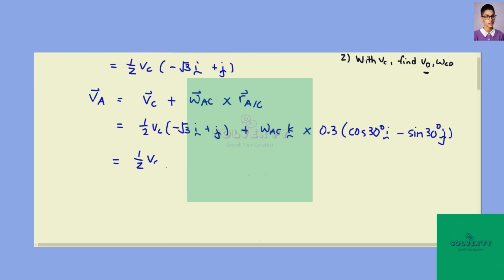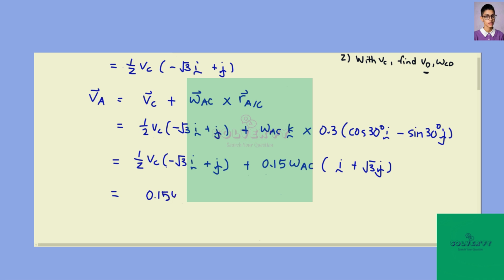Then continue to do the algebra. So this is what we have. The cross product will give us 0.15 omega AC I plus root 3 J, because K cross I gives J, cosine 30 is root 3 over 2, and the half is multiplied with the 0.3, which gets 0.15, and then K cross minus J gives I. Then we can group the terms together.